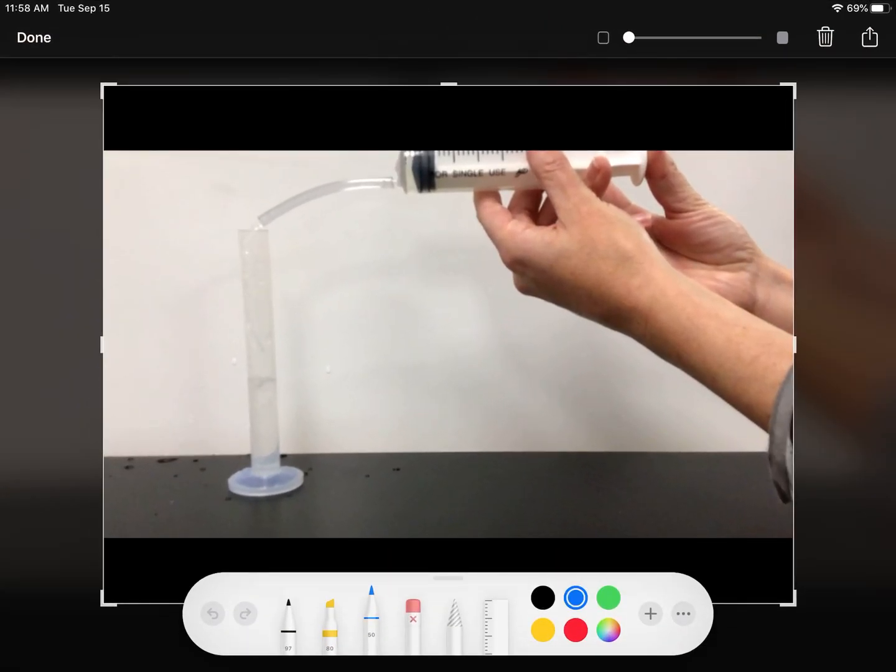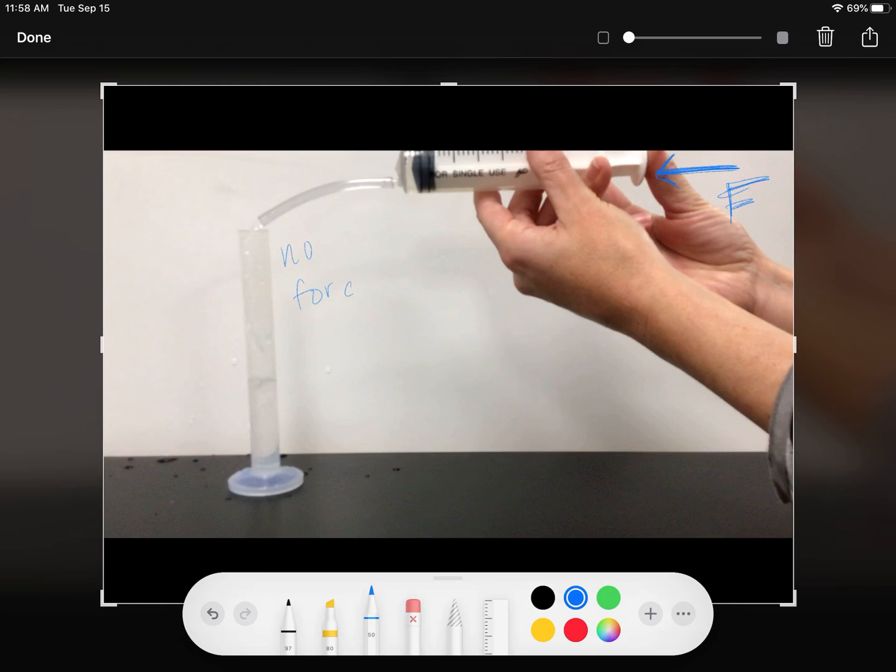When I'm pushing, there is a net force on the right-hand side, and therefore there's a pressure difference. There's more pressure on the right than there is on the left. There's no applied force over here.